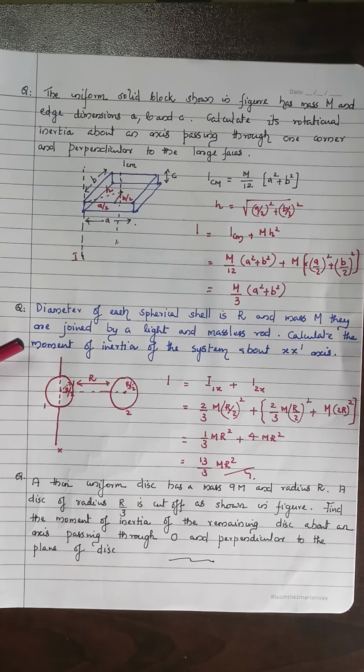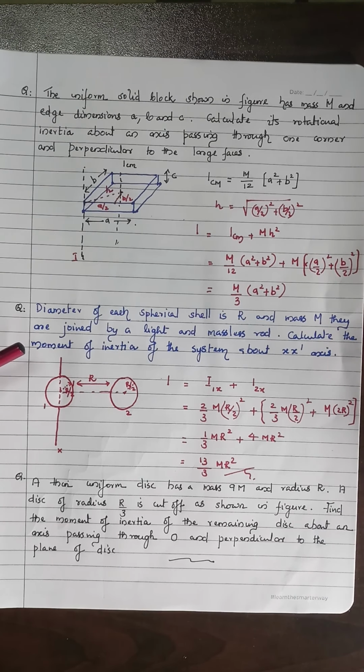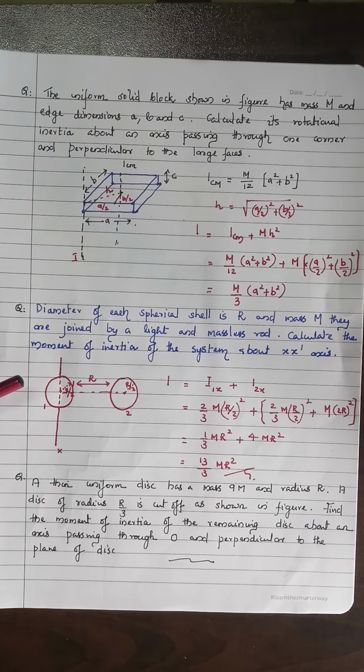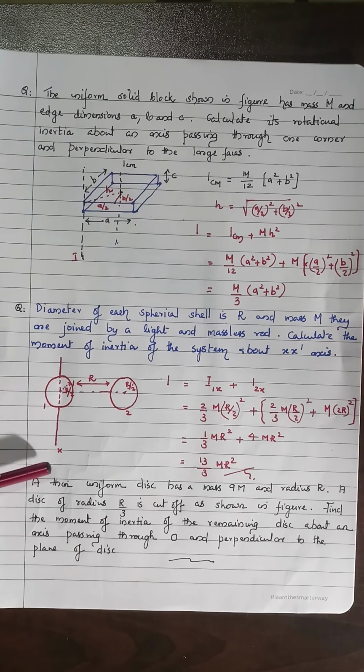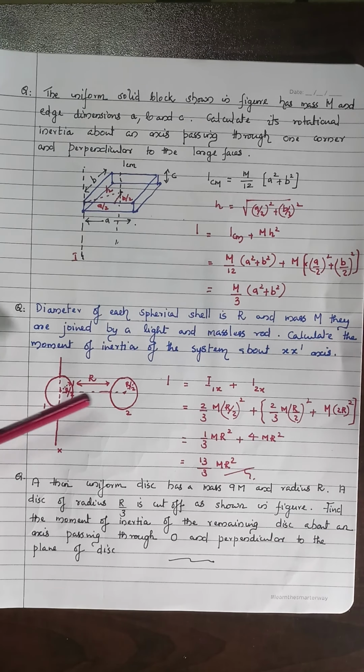The diameter of each spherical shell is capital R and mass m. They are joined by a light and massless rod. Calculate the moment of inertia of the system about x dash. So this is the axis we have to find it. At first, the individual contributions of the moment of inertia about x-axis.